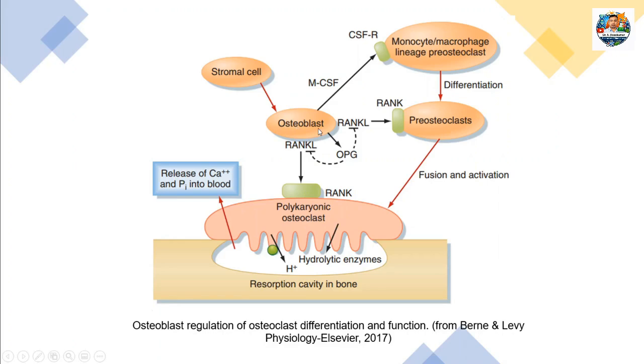Now, in the absence of parathyroid hormone, osteoblast produces another molecule, osteoprotegerin, which will inhibit RANKL from binding to RANK, thereby inhibiting the pre-osteoclasts from maturing into the active form.